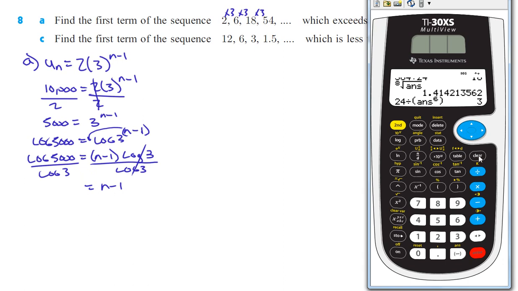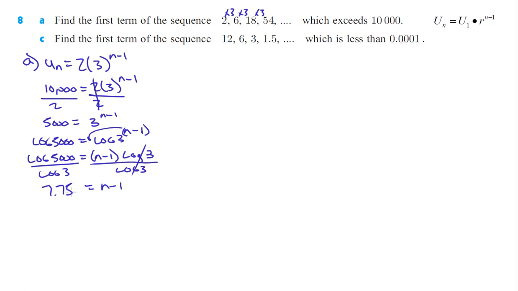Let's figure that out. Log 5,000 is 3.69. Divide that by log of 3, and we get 7.75, which equals n minus 1. We don't want n minus 1, we want just n, so let's add 1 to both sides. And we get that n equals 8.75.